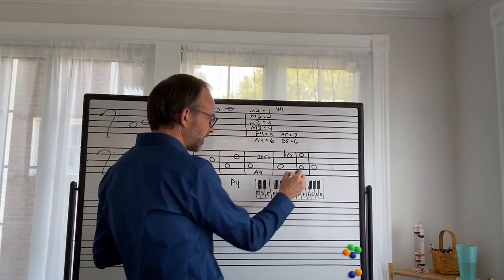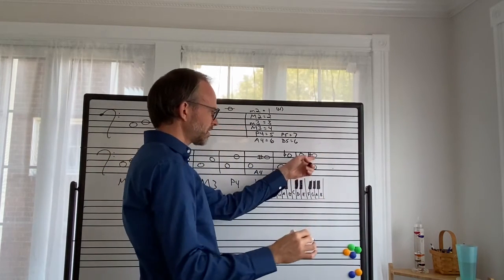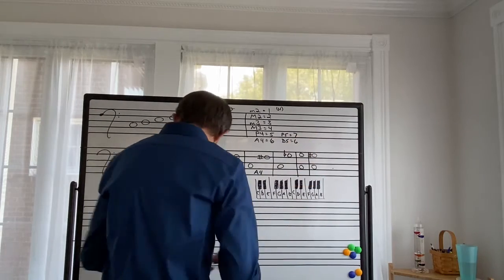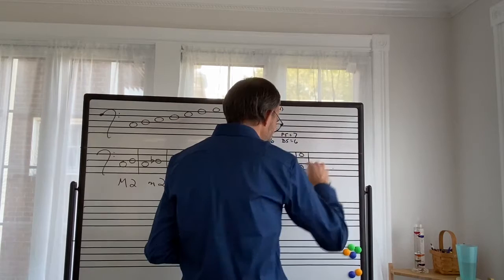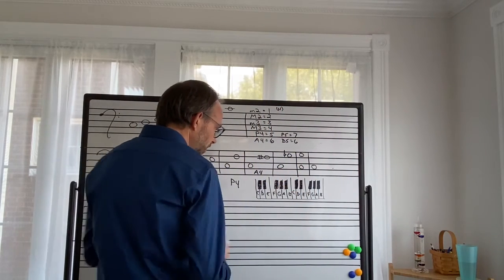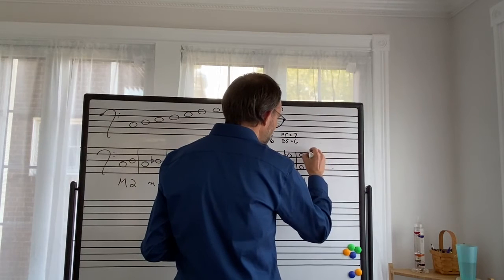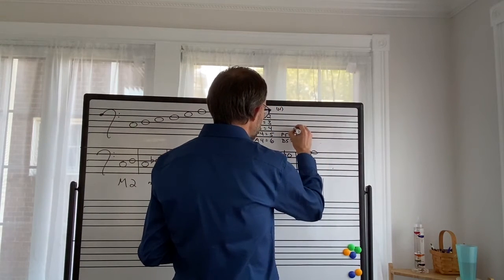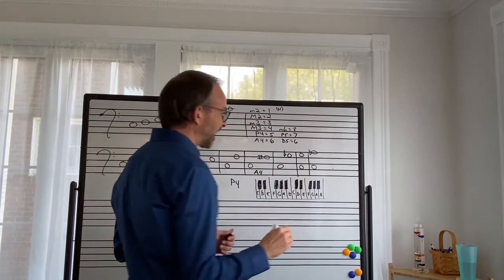I get this G sharp, but I can't really spell it like this because that's a fifth. And so I'm going to have to change this to the other name of that note right there. Not a G sharp, but an A flat. Gives me 8 half steps. It's called a minor sixth.